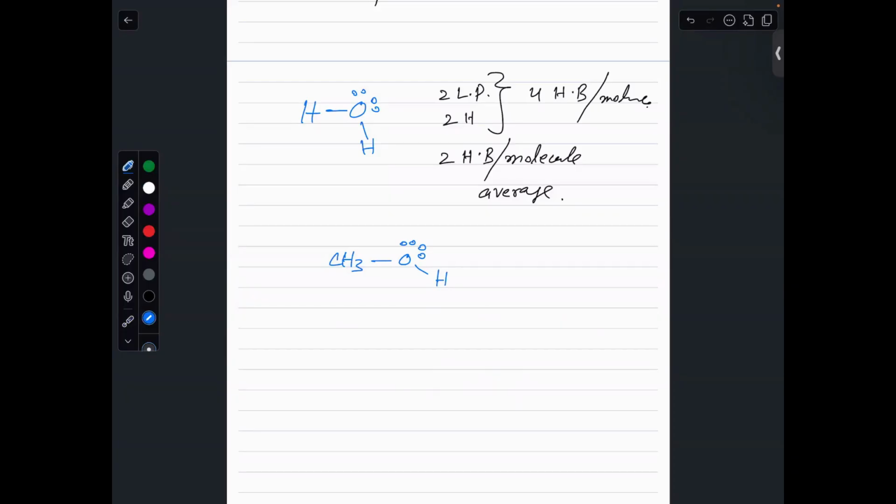There are two lone pairs and one hydrogen. So the total maximum is three hydrogen bonds per molecule, but the average is one hydrogen bond per molecule in methanol. Clear?